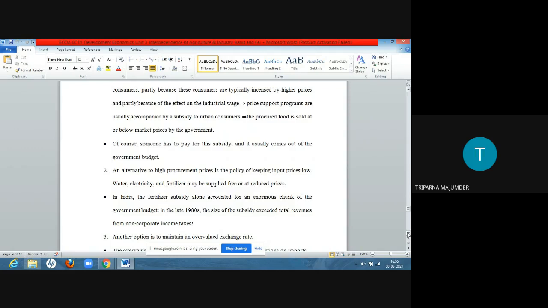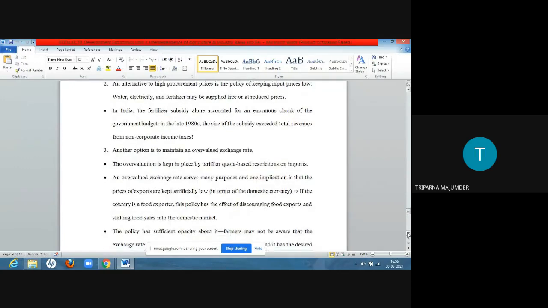In the late 1980s, the size of the subsidy exceeded total revenues from non-corporate income taxes. Another option is to maintain an overvalued exchange rate. The overvaluation is kept in place by tariff or quota-based restrictions on imports.